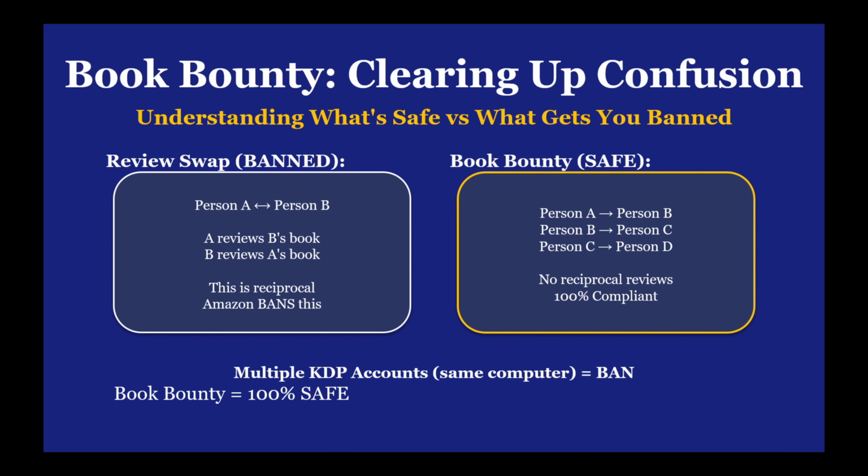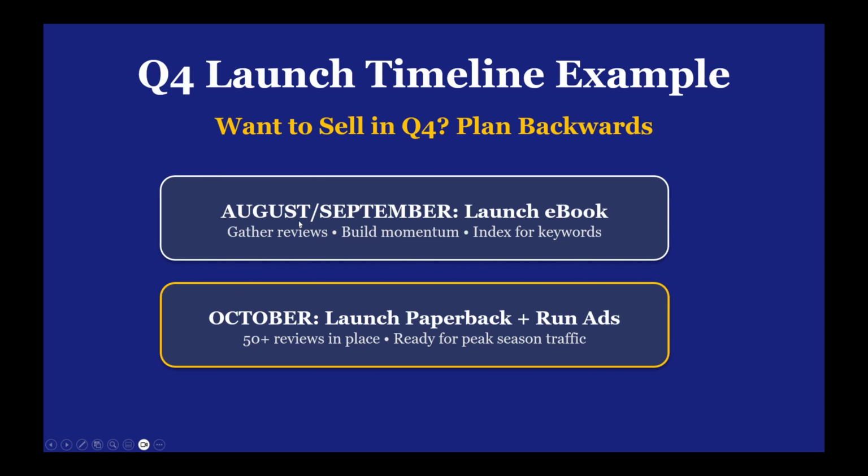Okay. So I wanted to clarify that because it seems like a lot of beginners don't understand what Book Bounty does and have a lot of questions about this, but definitely make sure to use Book Bounty to help you get this number of reviews for your Q4 book so that you can have a successful Q4 launch.